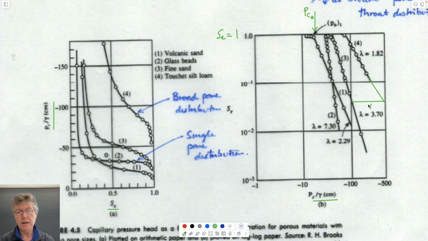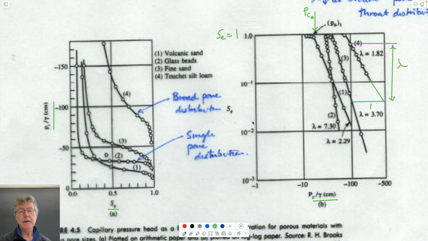So over one log cycle, this would be the value of lambda. So lambda says something about the form of this curve.